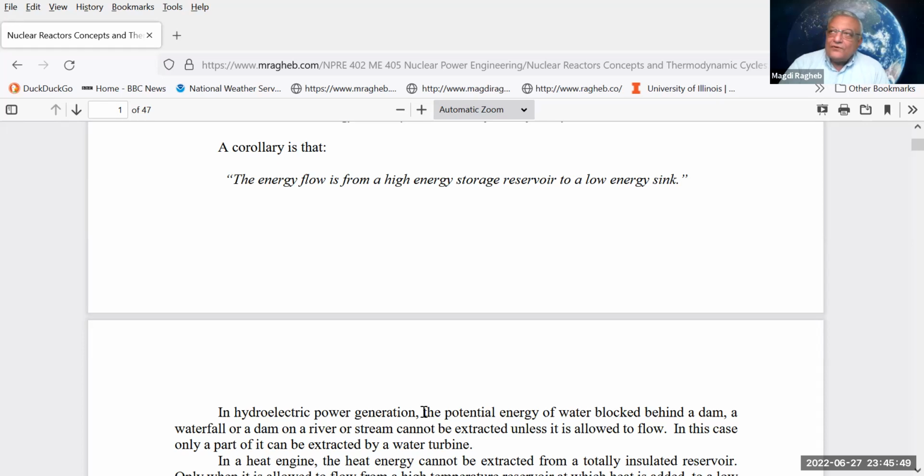Because you have to generate a flow system, some energy stored has to be allocated to the flow itself. And only part of that energy then can be extracted by the hydraulic turbine.